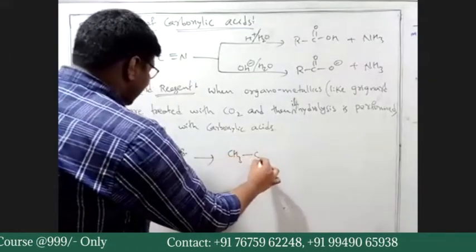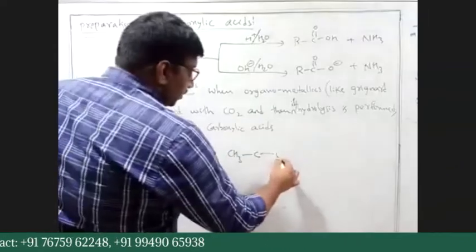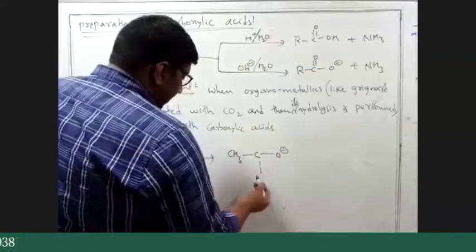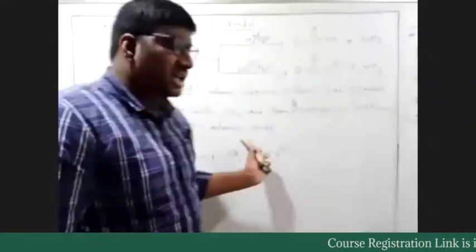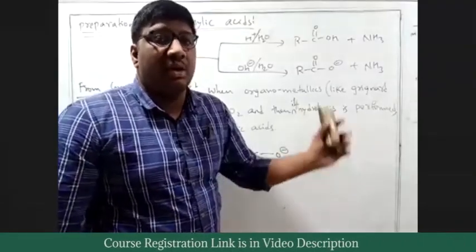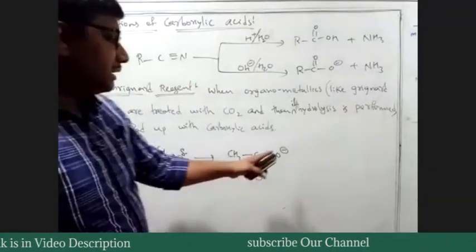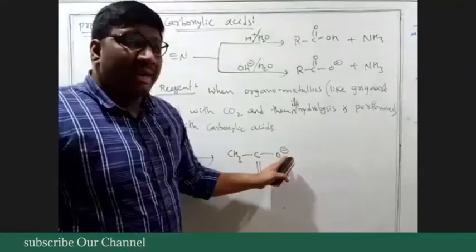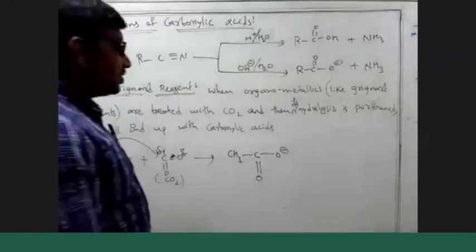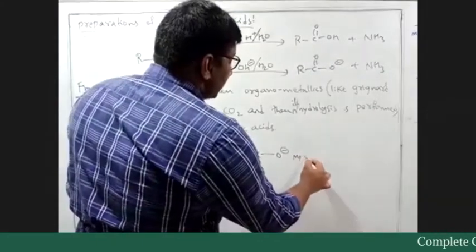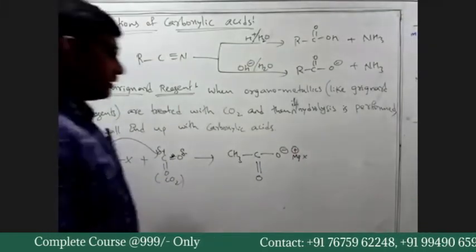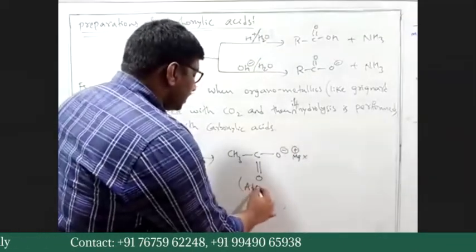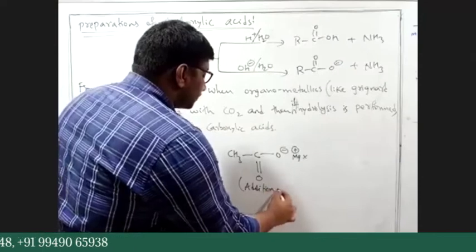CH3 now attacks this carbon. So we have O minus and we have double bond O. As soon as the negatively charged carbon attacks the carbon of CO2, the O minus will attack MgX. So we'll end up with this addition product.